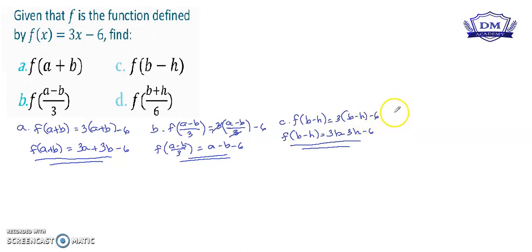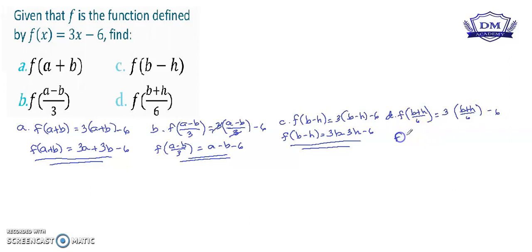And last, we'll evaluate the given function by f of b plus h all over 6. This is equal to 3 times b plus h all over 6, minus 6.